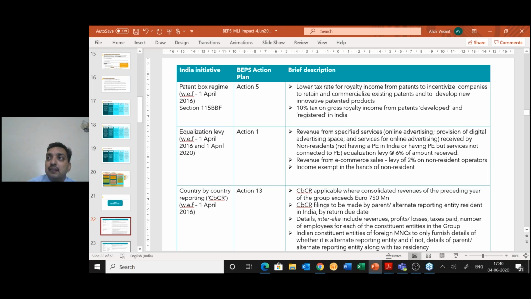One could argue that the sales are being made in India, or the sales are being made to customers in India, and therefore there is a nexus, and therefore the parliament had the legislative jurisdiction to frame a law to tax such transactions. Again, a matter of debate.